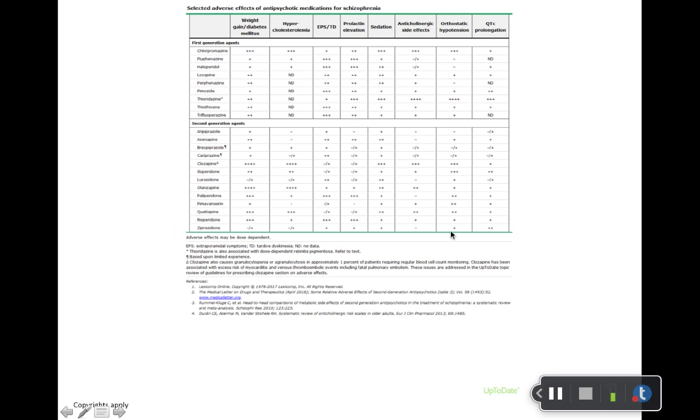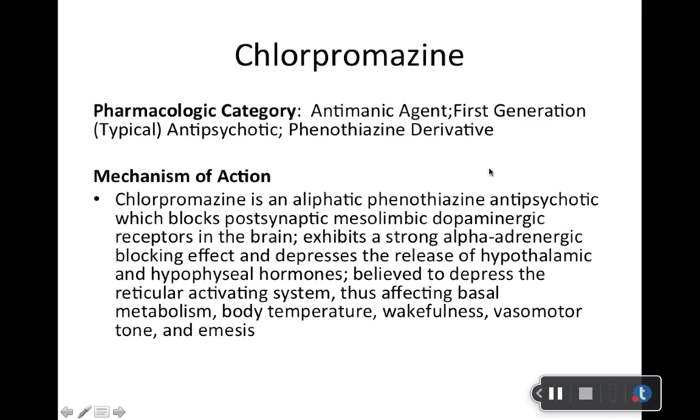And like I was saying too, hopefully you guys can start making some generalizations with the second generation versus the first generation. And like I said, in general, second generation has less adverse effects and is better tolerated, with the exception of Clozapine. So you notice Clozapine still lights up the adverse effects here and still has some issues with adverse effects.